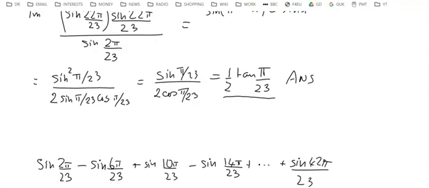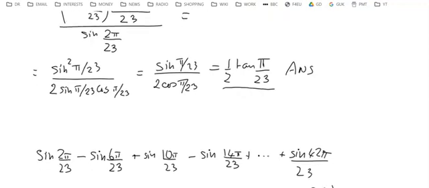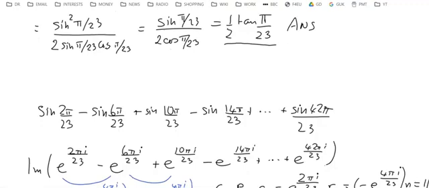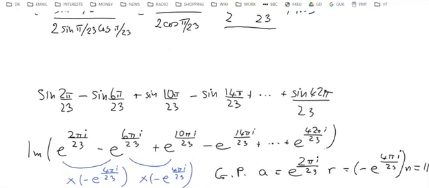Now, in the second part of this question, we have to add sin 2π/23 − sin 6π/23 and so on, up to sin 42π/23. What we want here is the imaginary part of e^(2πi/23) − e^(6πi/23) + e^(10πi/23) and so on.